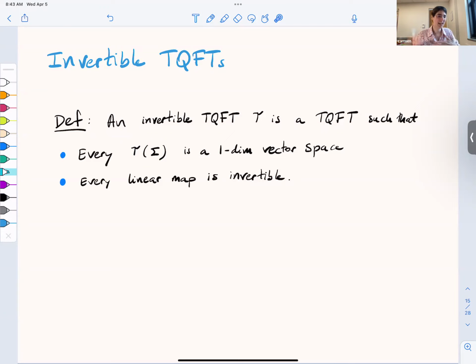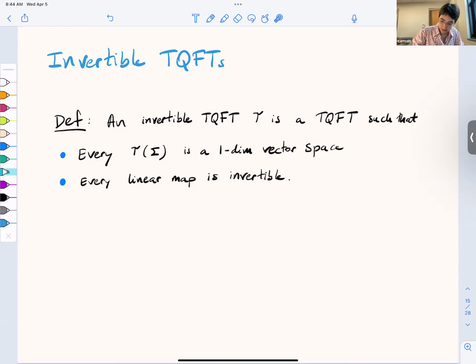If you allow your vector space to be, say, two-dimensional, and then you take a tensor product, you're going to have something four-dimensional. You don't want that. You want to keep your vector spaces one-dimensional. So this is necessary for invertible TQFTs. Another important necessary aspect of invertible TQFTs is that every linear map is actually invertible. That's the whole point.